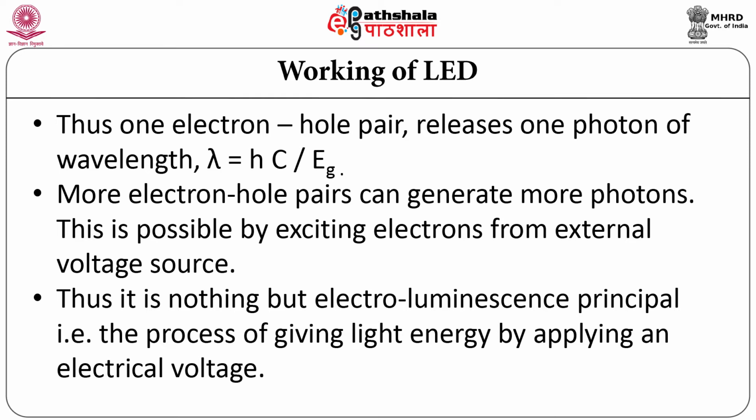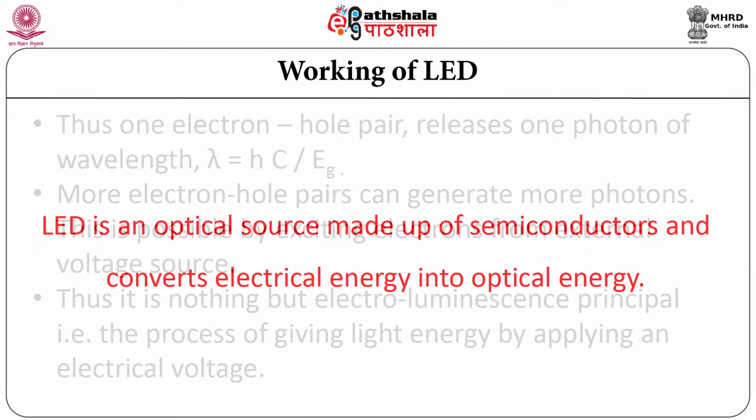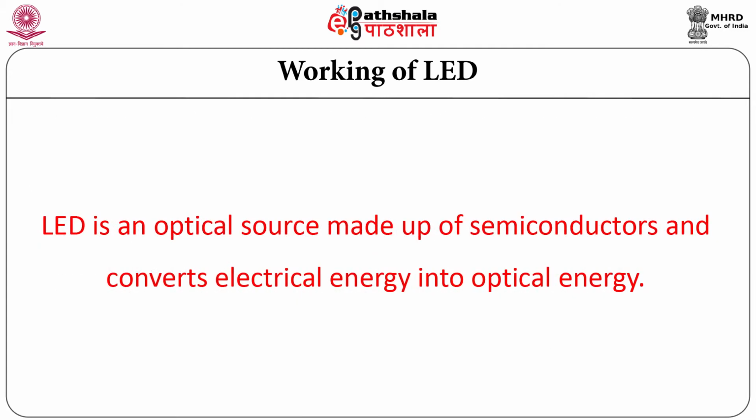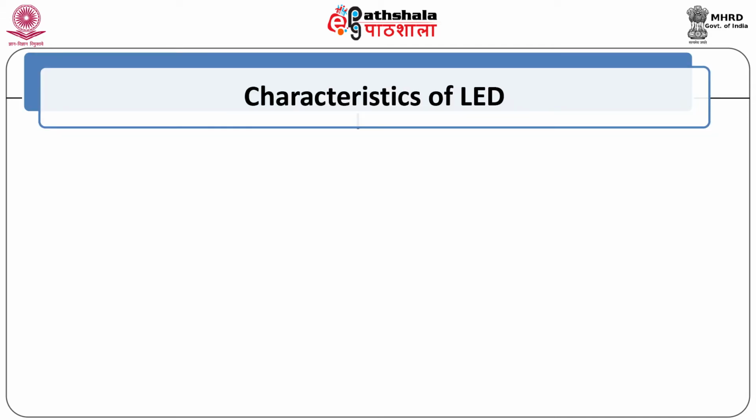So different materials can emit different color light. Thus, to summarize, one can say an LED is an optical source made up of semiconductors that converts electrical energy into optical energy. Now let us study the characteristics of LEDs.